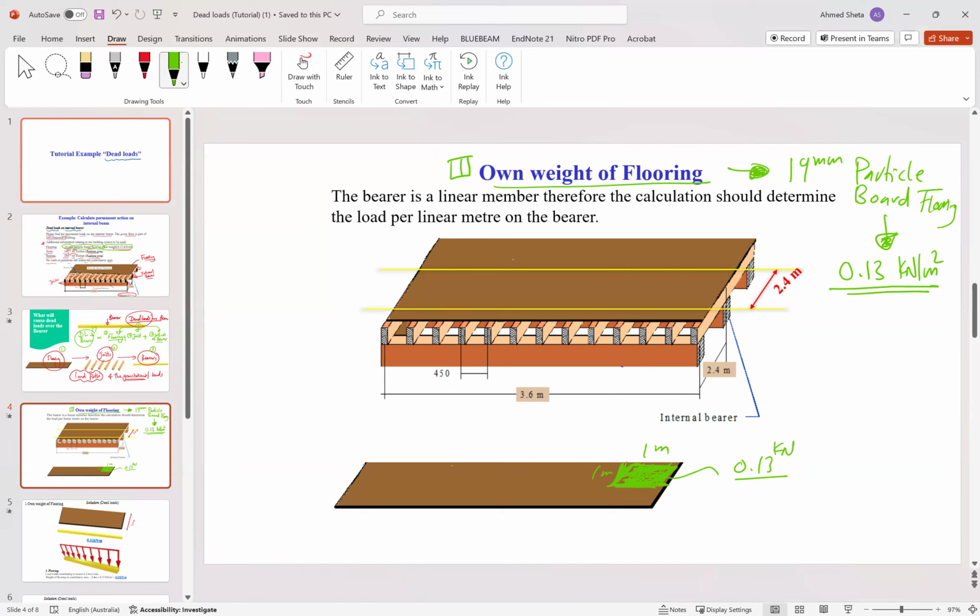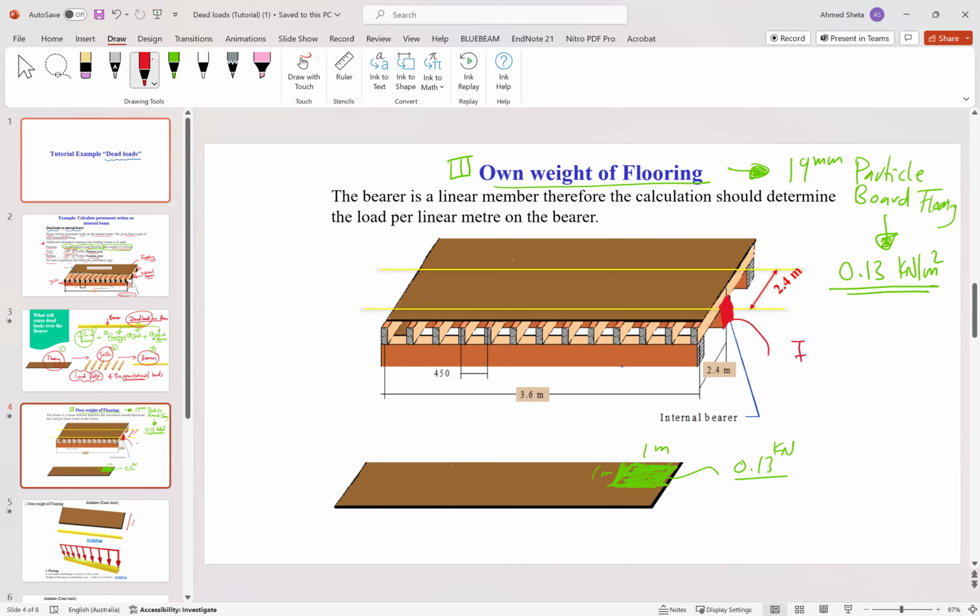Here is the flooring, and we need to find how much of the flooring transfers to this beam, which is the internal bearer. So the next step is to know how much of the load transfers to the internal beam, or the internal bearer.